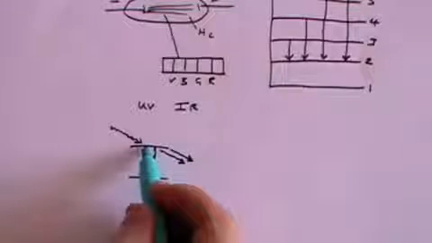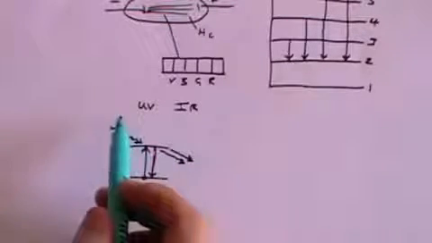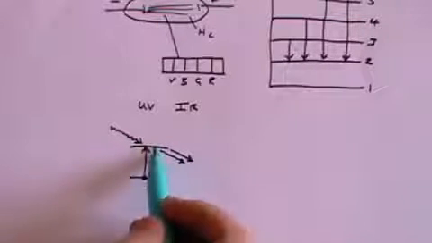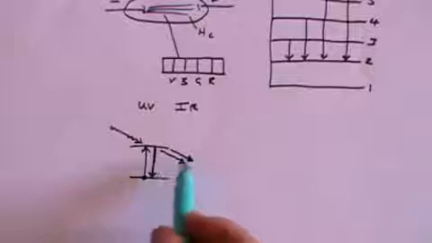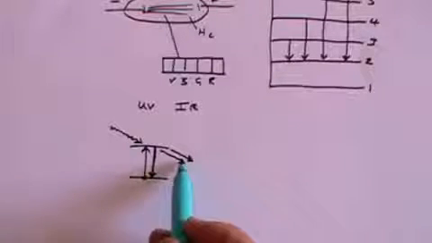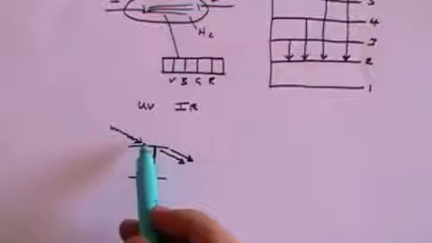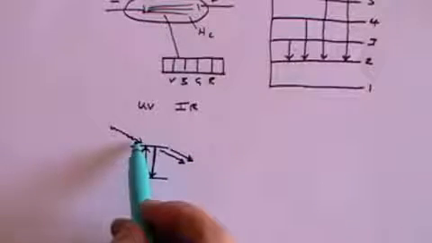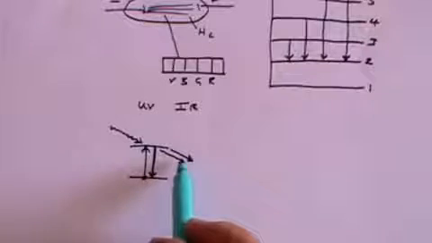So because you had an electron in an elevated state and you bring in a photon of a certain energy, you can push the electron back down to its ground state and produce another photon with exactly the same frequency and phase as the original one. So whereas you had one photon, you now have two.